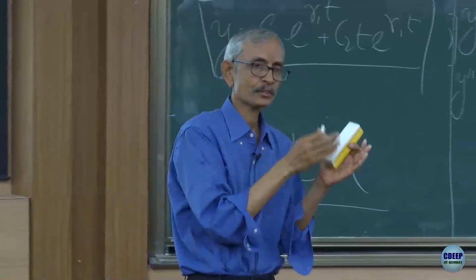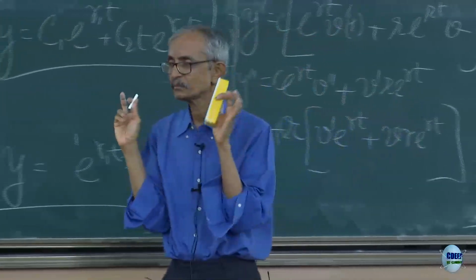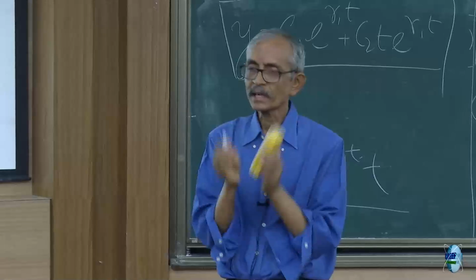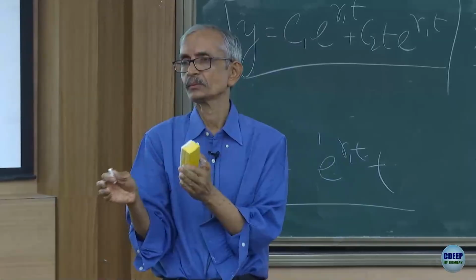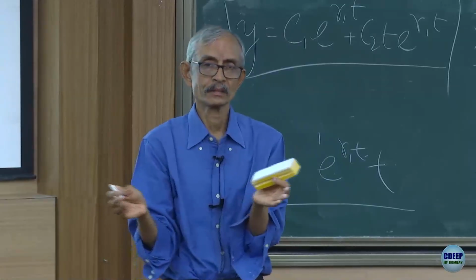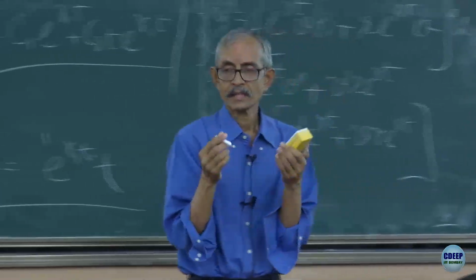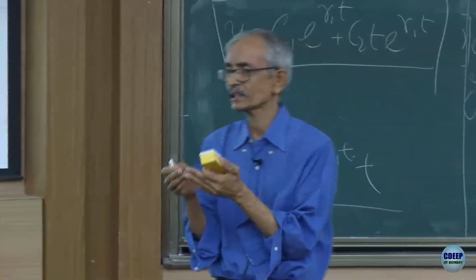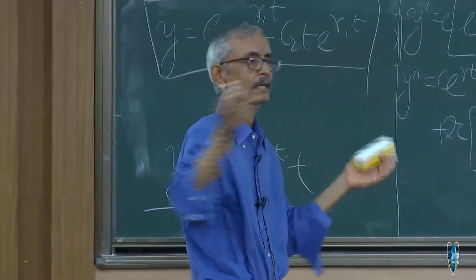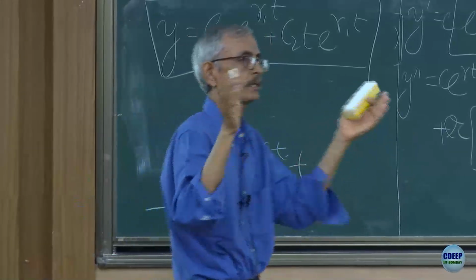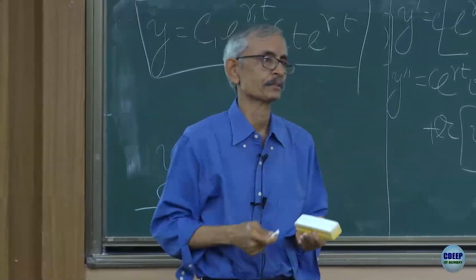If t is really time, then y at t equal to 0 and y prime at t equal to 0 will be given. But if t is not time but some kind of space, then you can have y at x equal to 0 and y at some other location. So two conditions have to be given so that I can nail down the final solution.